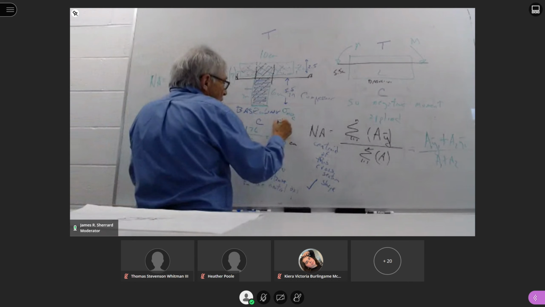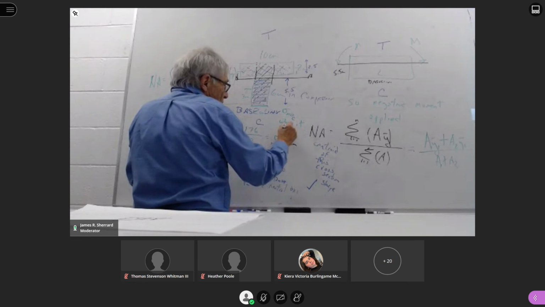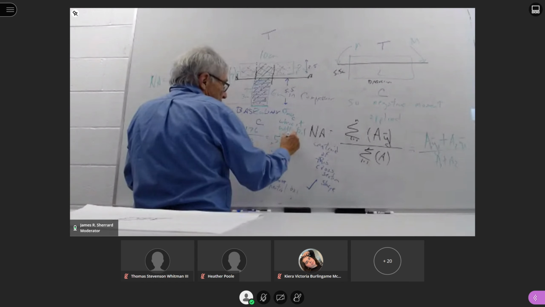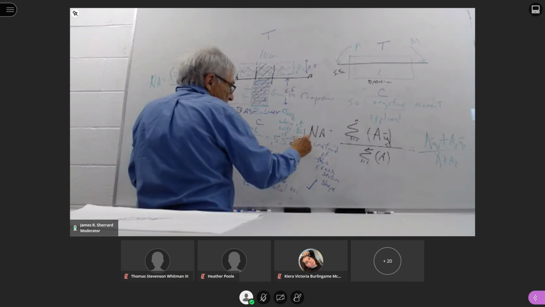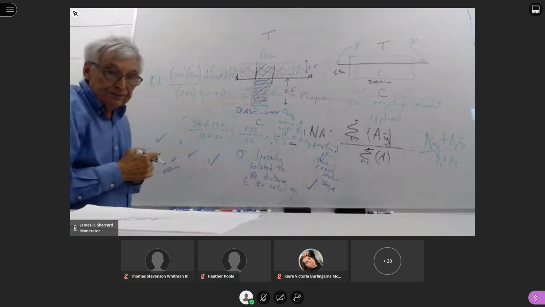It is also where it will fail if sigma exceeds sigma yield.